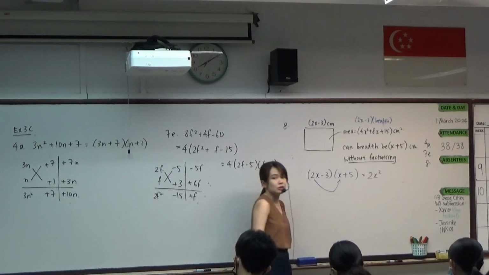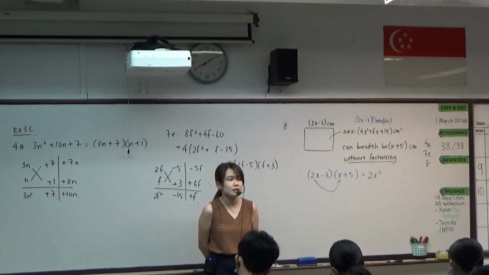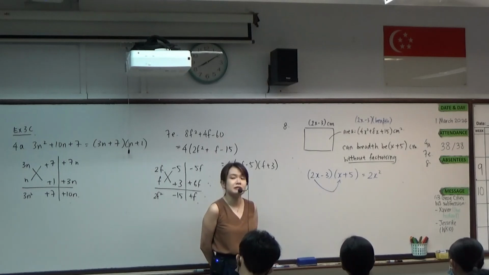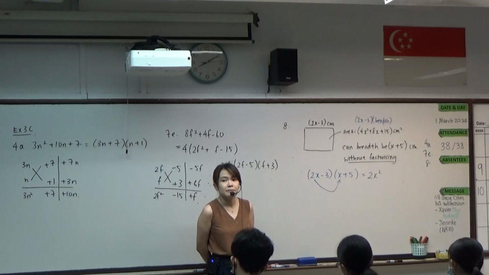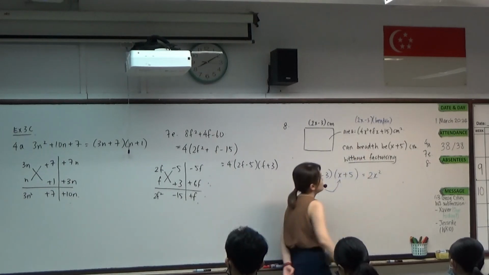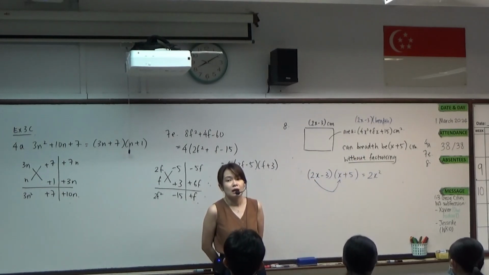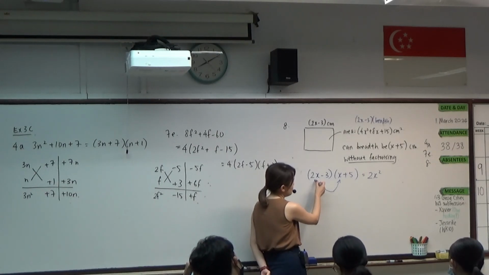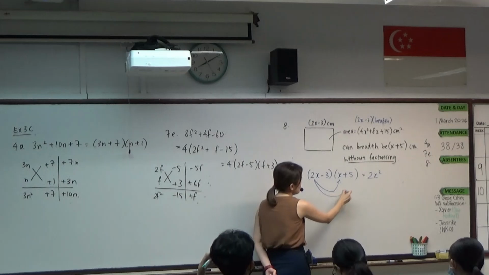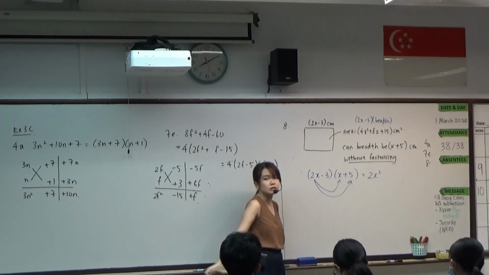Immediately at this stage, can we already confirm that x plus 5 is not going to be the breadth? Yes, right? Because what is in the area? 4x squared. Okay, there is no other way for us to do our distributive law, our rainbow method, okay, in order for us to achieve a 4x squared term.